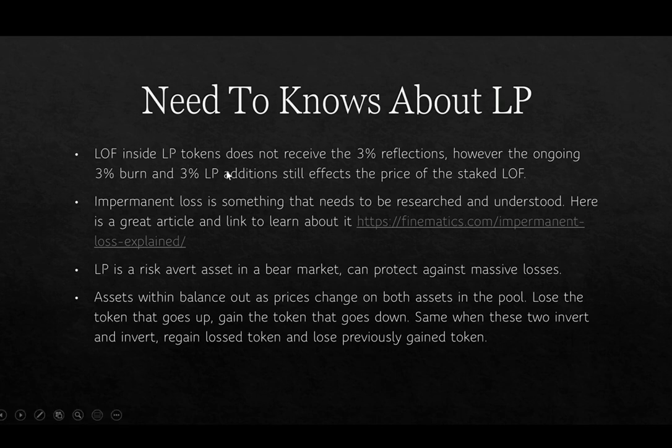The burn and the addition to LP, which is what raises the floor of LOF, this 6% outweighs the 3% reflections. Also, you've got to remember that 3% reflections is 3% of a transaction over 33,000 wallets that hold LOF. So very, very minimal. I wish you guys would not linger on just that 3%.